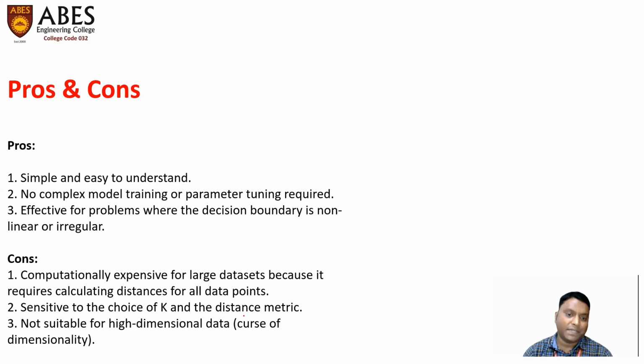It is sensitive to the choice of k and the distance metric, so we have to be very careful while choosing the value of k, because the number of neighbors is very determining in the case of the KNN algorithm. And this method is not suitable for high dimensional data. So that is also a problem. The curse of dimensionality is also a big problem associated with the KNN algorithm.